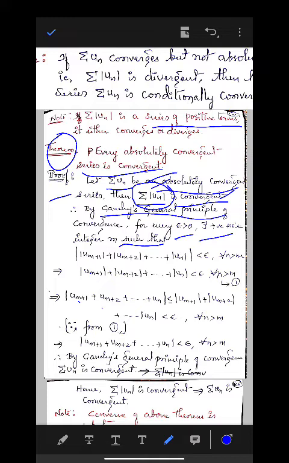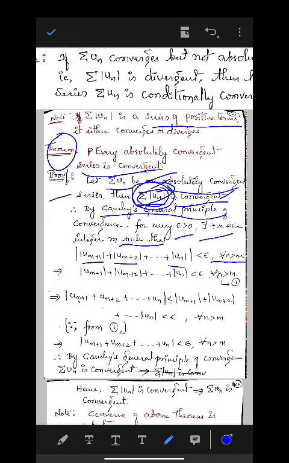We get modulus of modulus um+1. Why modulus of modulus? The actual statement of Cauchy's general principle says that if summation un is convergent, then modulus of um+1 plus um+2 plus so on plus un is less than epsilon for every epsilon greater than 0 and every n greater than m. But here we are considering modulus of un, so the terms are in modulus. So modulus of modulus um+1, modulus um+2, so on plus modulus un is less than epsilon for every n greater than m, right?